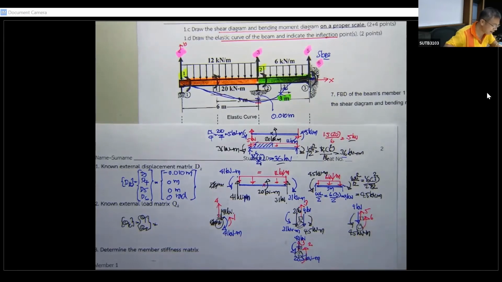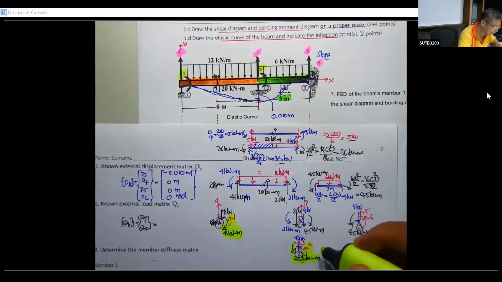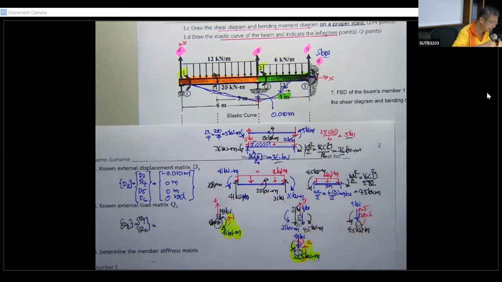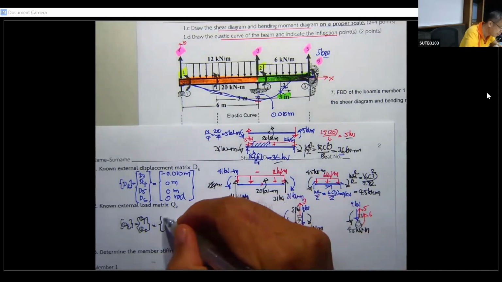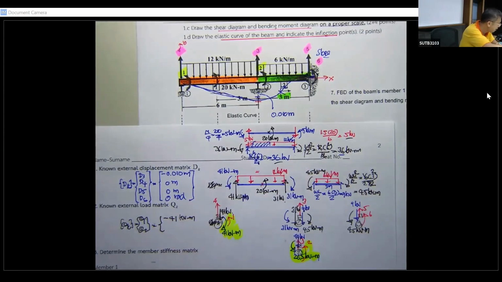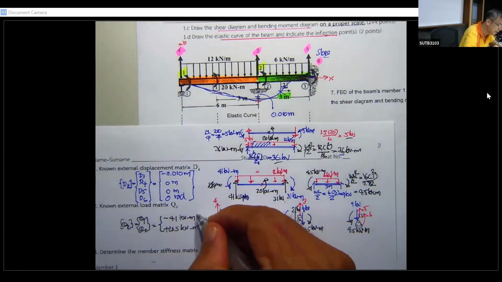What you require is the degree of freedom number 1 over here, and number 2 over here, and you can see 41 related to degree of freedom number 1 will be negative because they are in the opposite direction. So this one is minus 41 kilonewton meter, and the other one is in the same direction, plus 26.5 kilonewton meter.